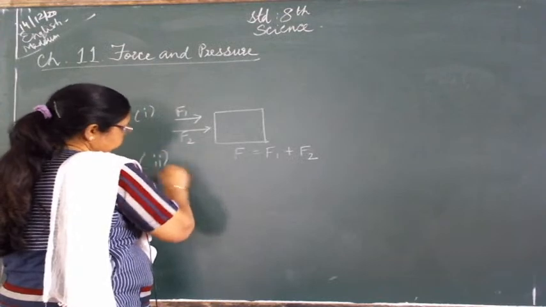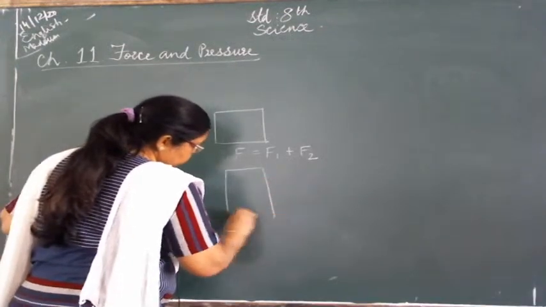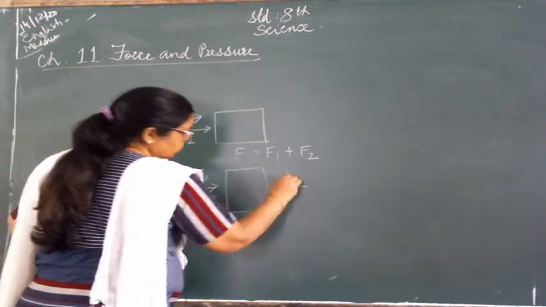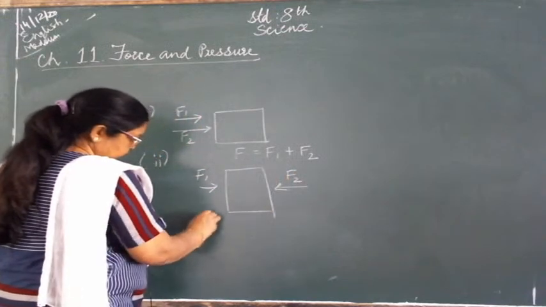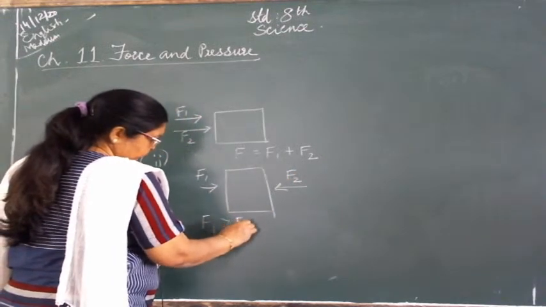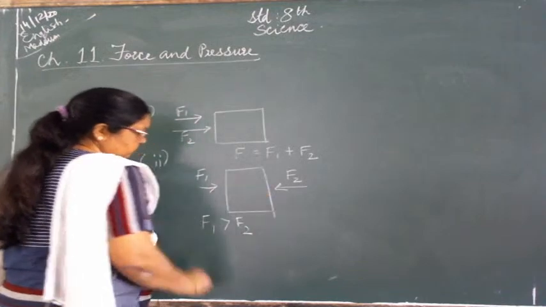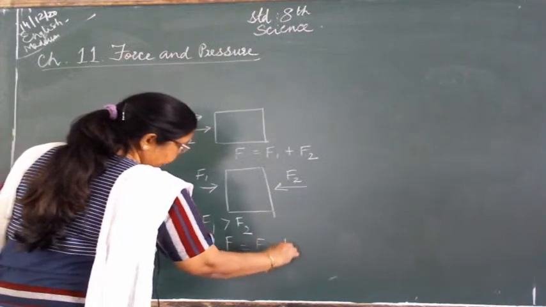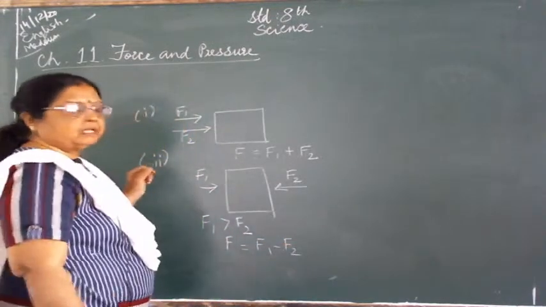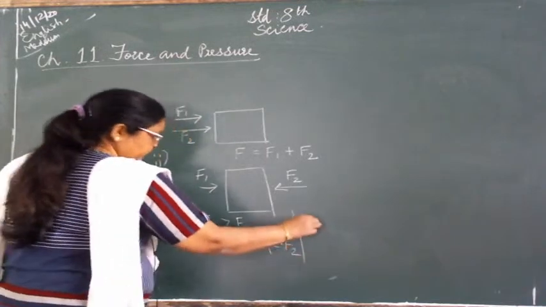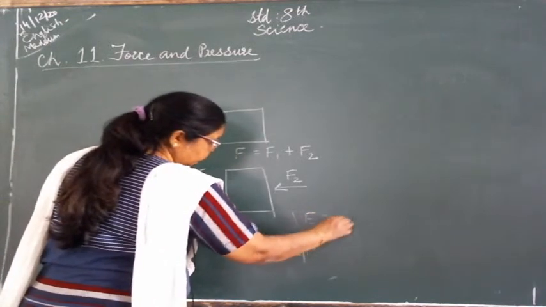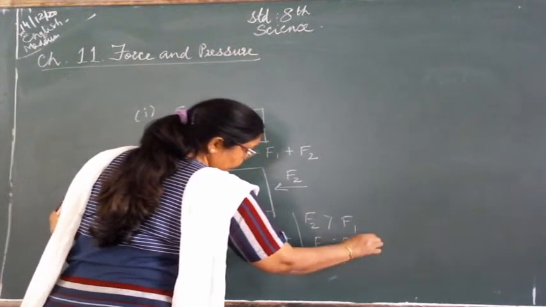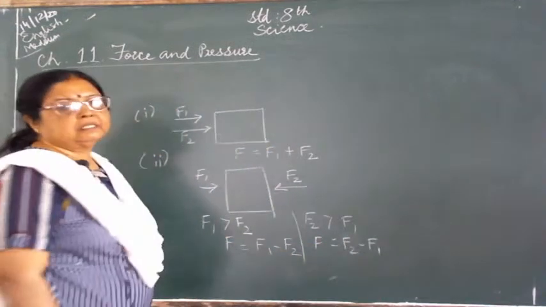In the second case, you apply force in opposite directions, F1 and F2. If F1 is greater than F2, then the resultant force will be F1 minus F2. And if F2 is greater than F1, then the resultant force is F2 minus F1.